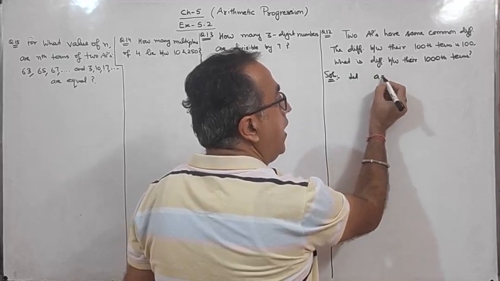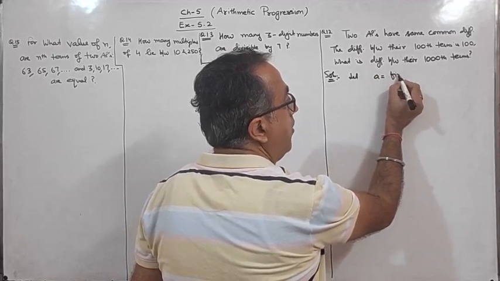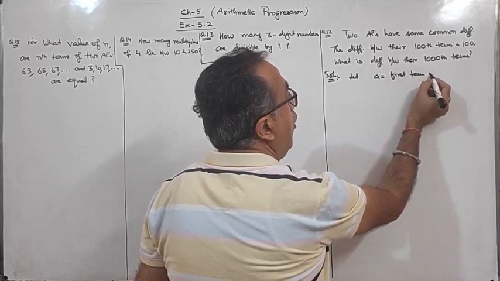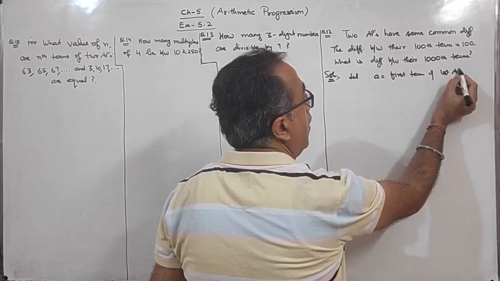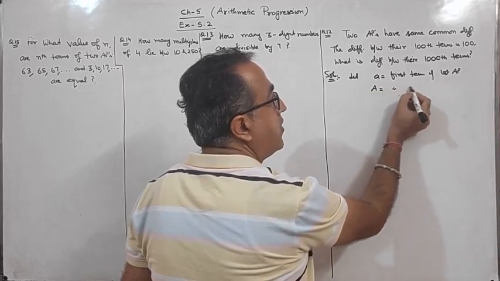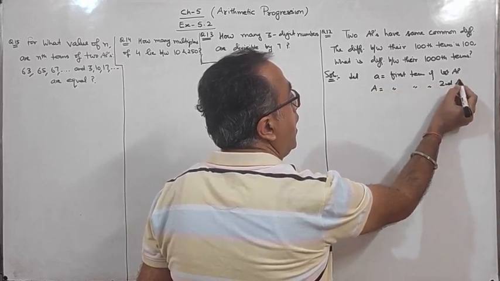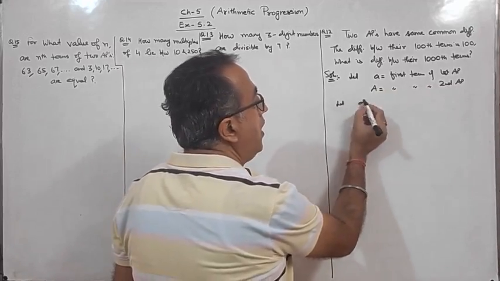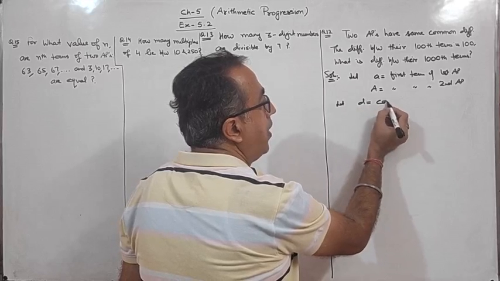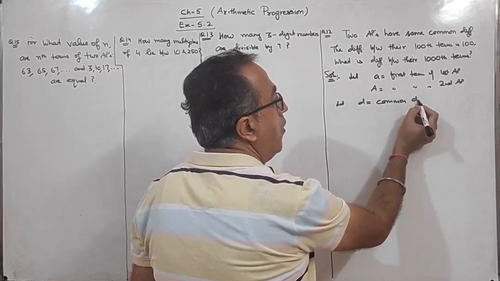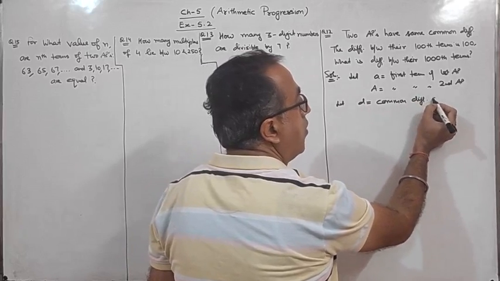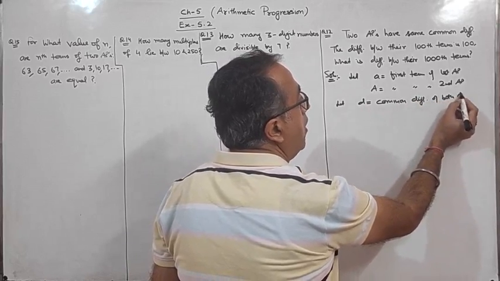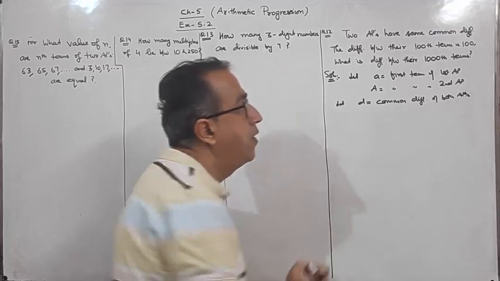Let small a be the first term of the first AP and capital A the first term of the second AP, and let D be their common difference. D is the common difference of both APs.